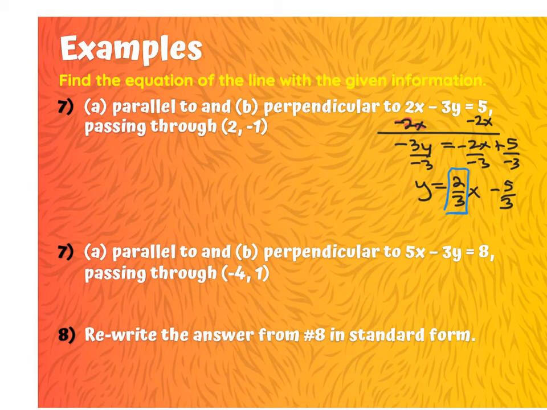So to answer part A, for a parallel line, I'm going to use exactly the same slope of the equation that was given to me. So my slope will be 2 over 3. And then here's my ordered pair, (2, negative 1).